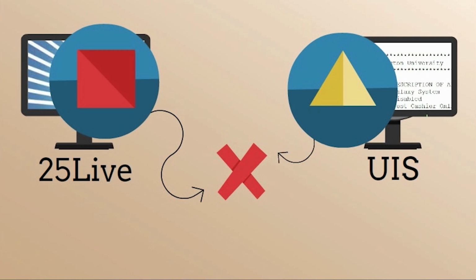Well, when the information moves from 25 Live back to UIS, UIS wouldn't know what to do with it because you can only assign one classroom per entry in UIS. So it wouldn't know what to do with what you did in 25 Live. So don't do it. I don't know how much it would break the system, but let's not try.